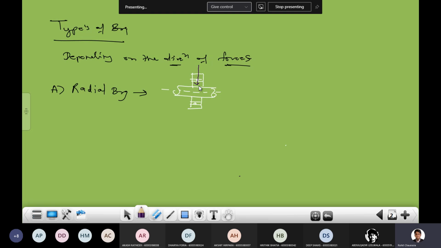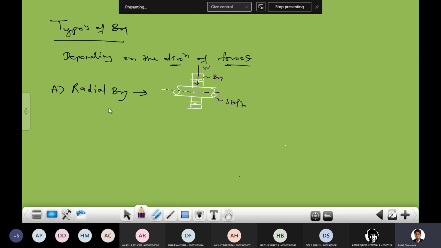So this load W is acting radially inward to the bearing, and this is my bearing, and this is my shaft. So I can observe that this load is perpendicular to the axis of the shaft.